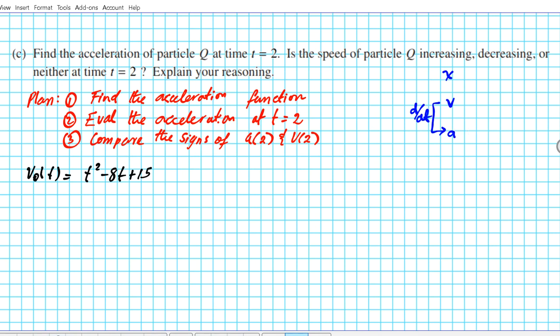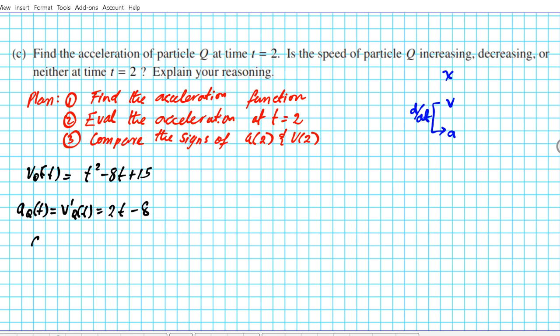Okay, so what do we have here? We have the velocity function, v sub q of t. Now we're going to just apply the power rule here to find the acceleration. So a sub q, the acceleration of particle q with respect to time, is v prime of particle q with respect to time, which is 2t minus 8.